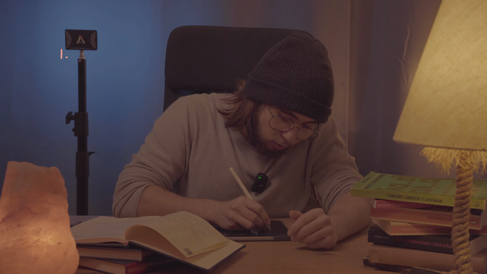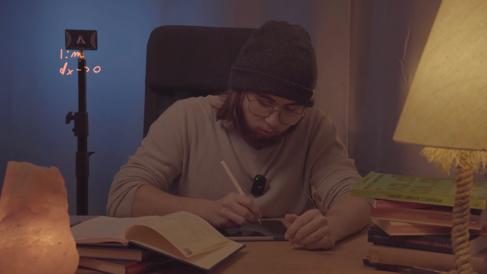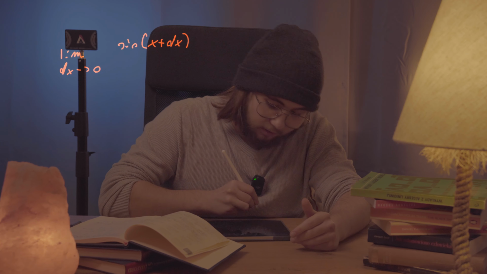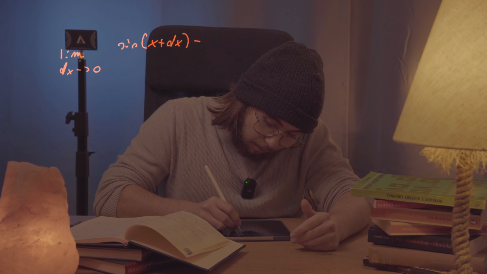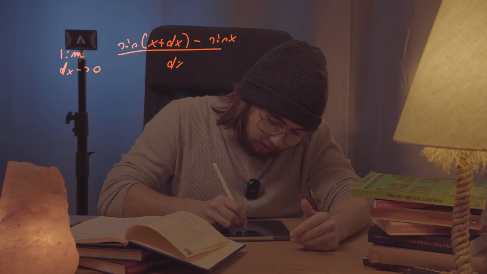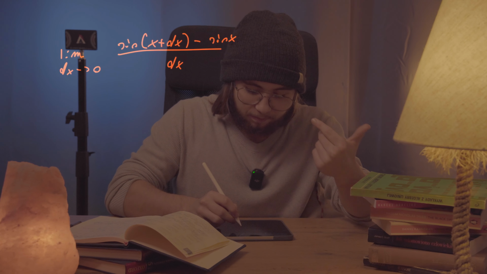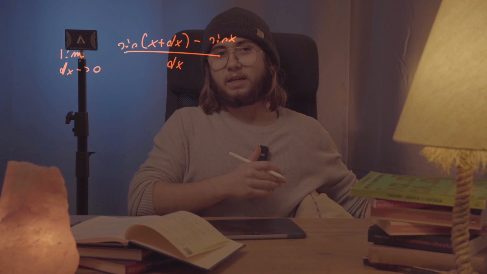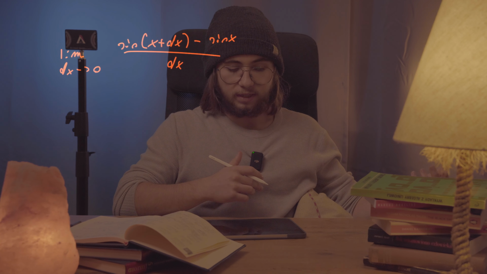Well, I have to use the definition of the derivative, which is the limit as some tiny change in x approaches 0 of sine evaluated at x plus that slight change in x minus sine of x, and then everything divided by that small nudge in x. So that would be sine of x plus dx minus sine of x all over dx.